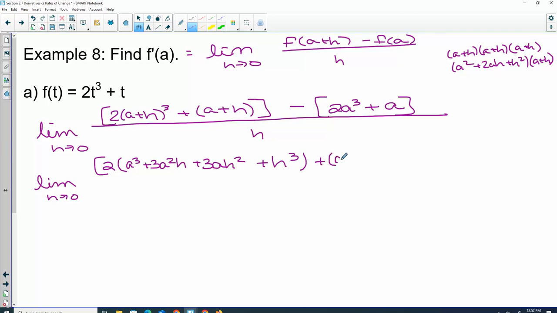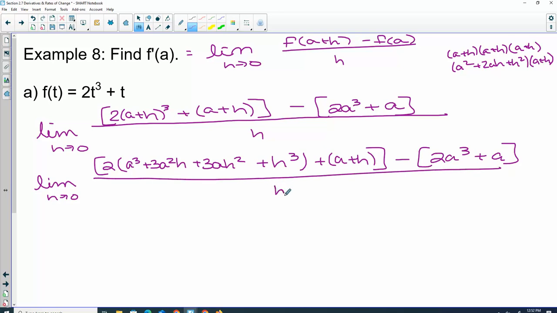Still have, let's see. So I distribute my 2.